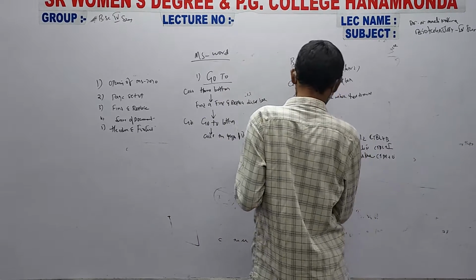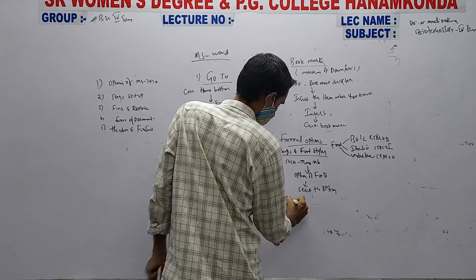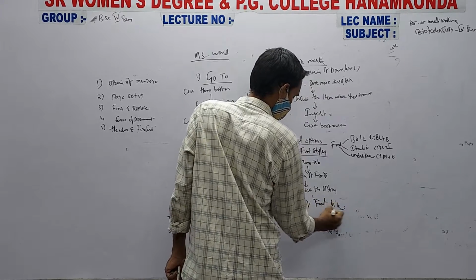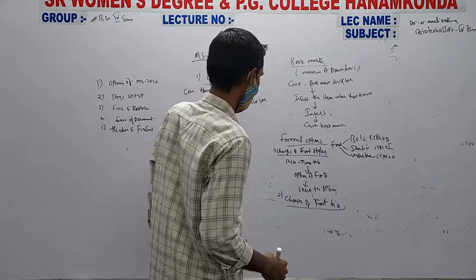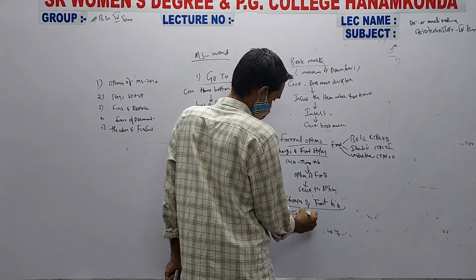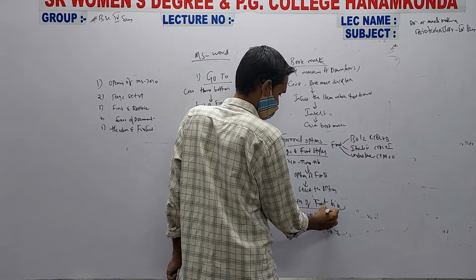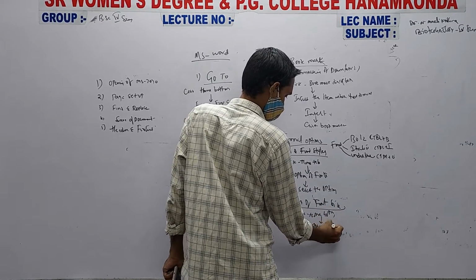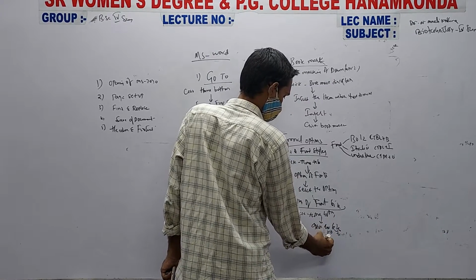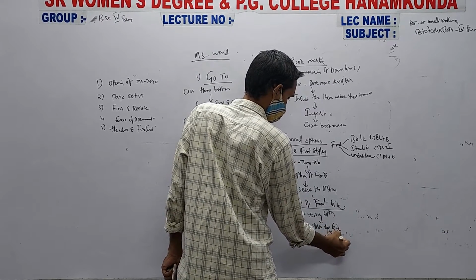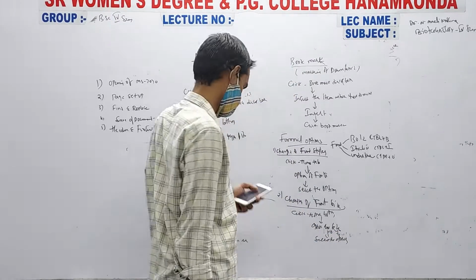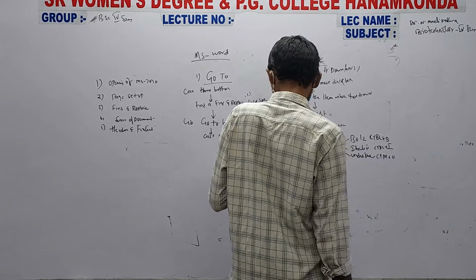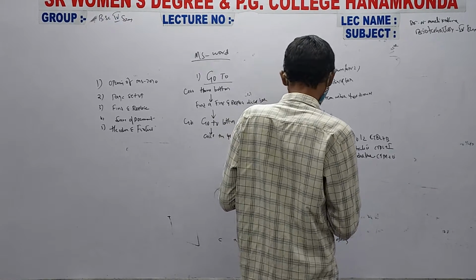Next, changing of font size. Click on the Home button. There is an option for different sizes, and select the size which we require. There are also certain shortcuts for changing the font size.